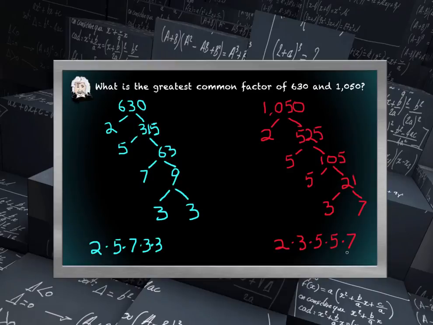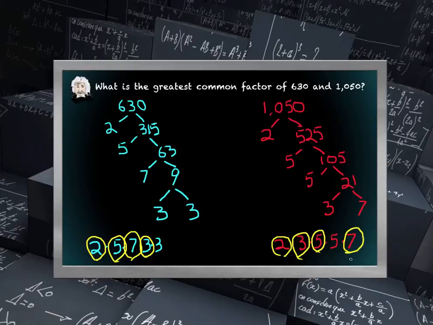Now, in order to determine the greatest common factor, we want to include all the common prime factors, and the product of those numbers will be the greatest common factor. Which figures are in common? 2, we have 1 5 in common, we have 1 3 in common, and 7.